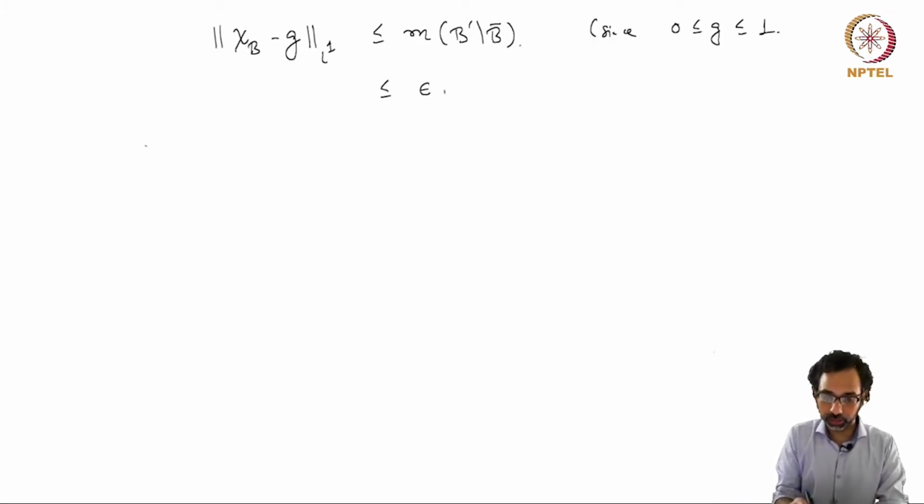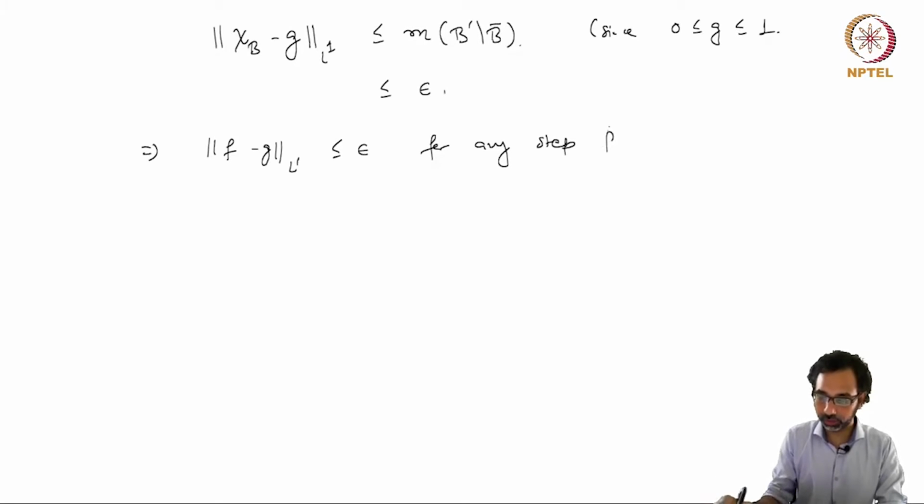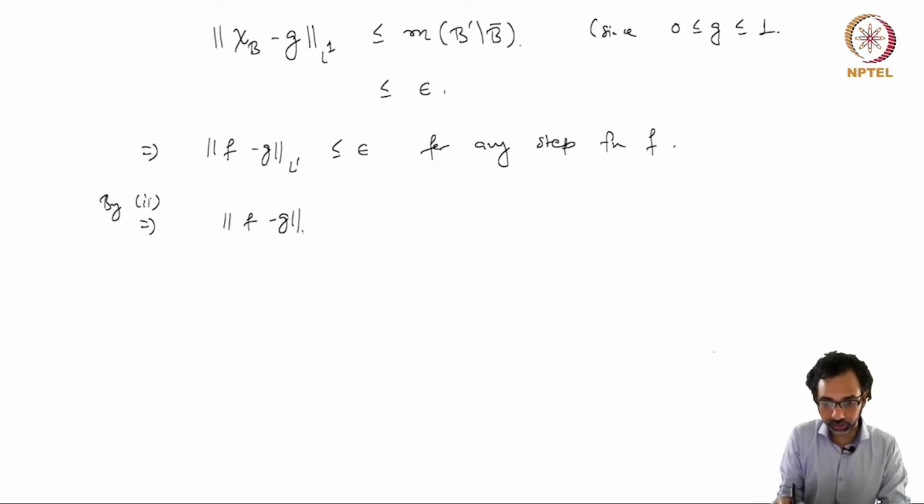So this implies that we have the L1 norm of f minus g less than or equal to epsilon for any step function f, and this implies again by part 2 that, here this g is not the same as this g, so let me write g1 and g2.